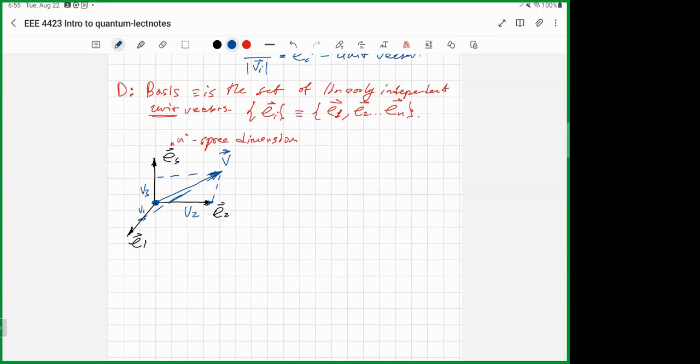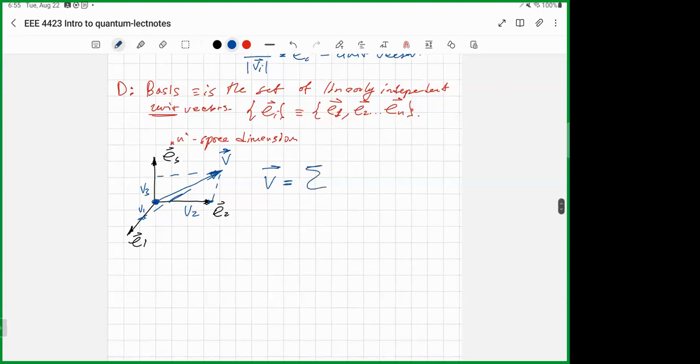So making this projection of the vector on the vector basis, from the basis, we can write our vector as a sum of projections, right?